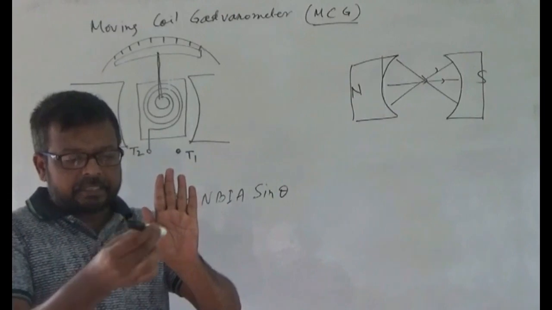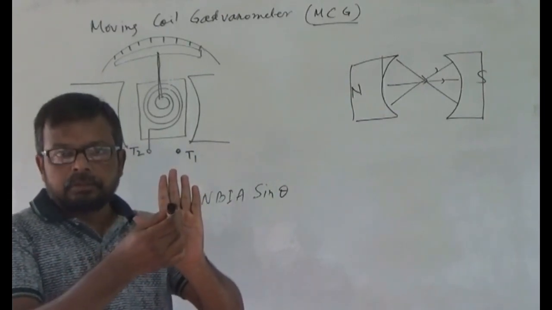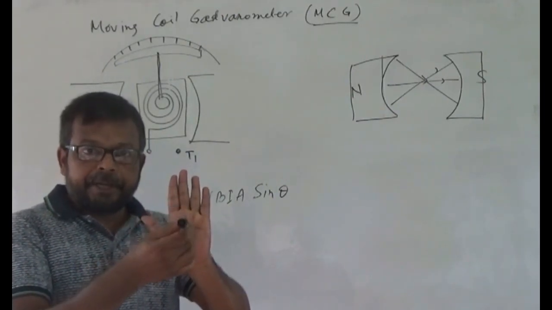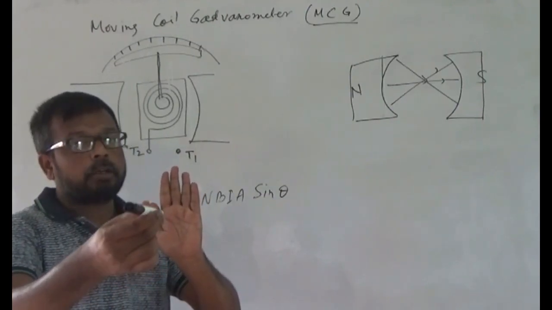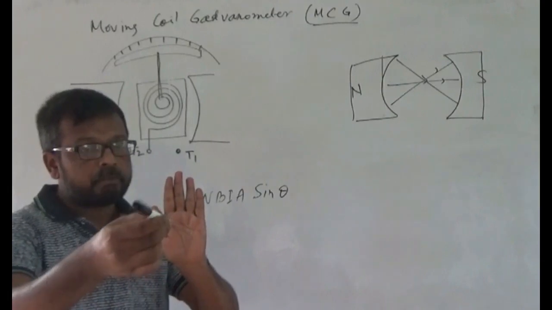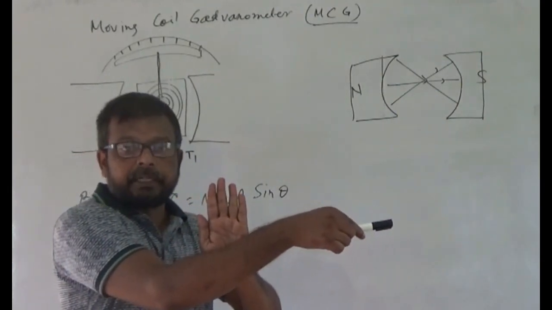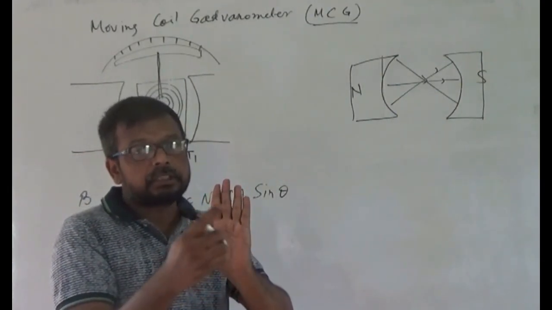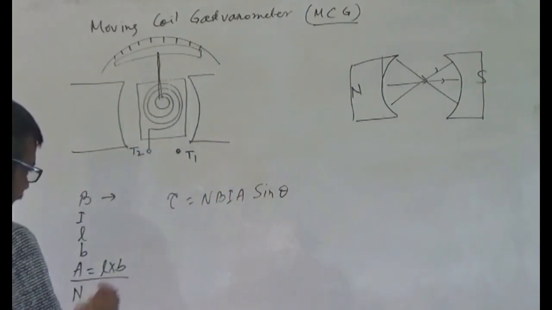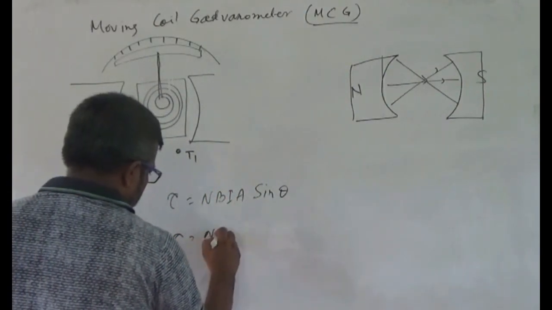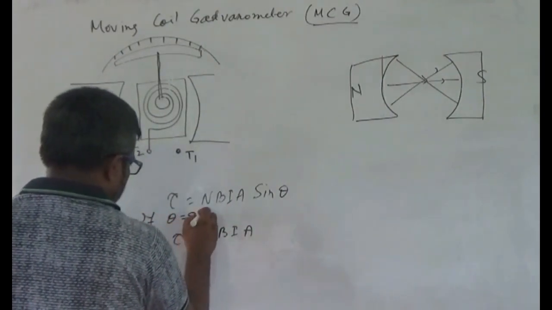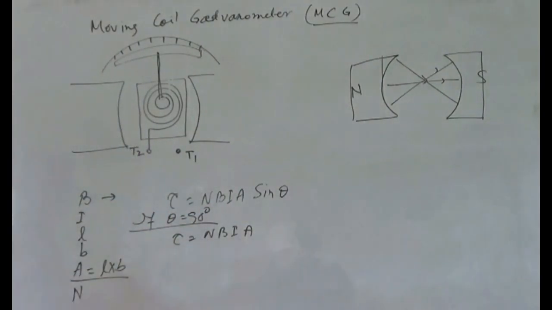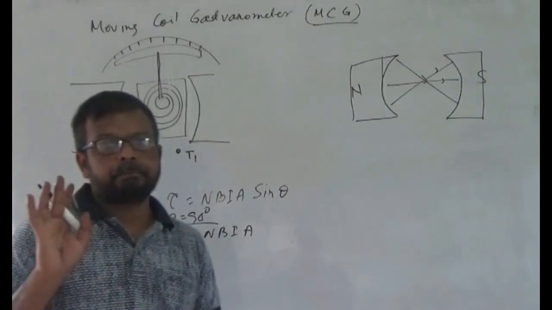Then this is the normal to the plane of the coil, and this is the direction of the magnetic field. The angle between the two is 90 degrees. So in that case, tau will be equal to N B I A if theta is equal to 90 degrees. This is the initial position, right? Then tau is equal to N B I A.